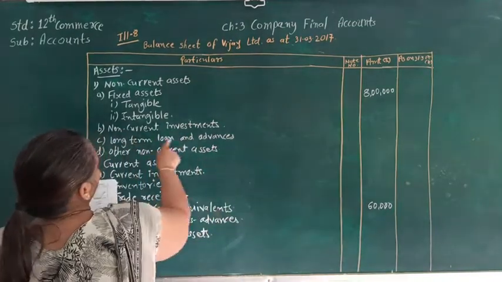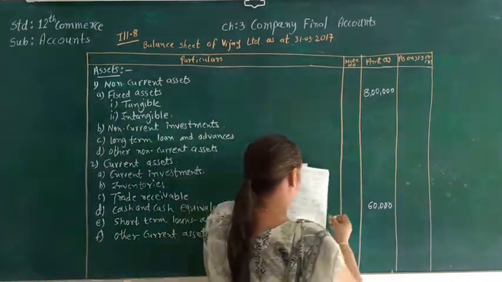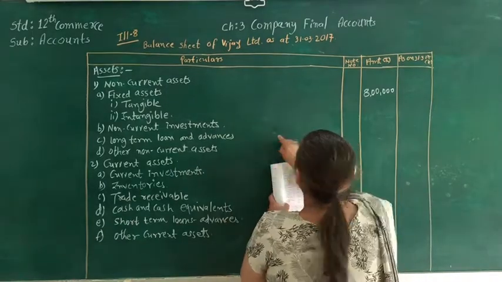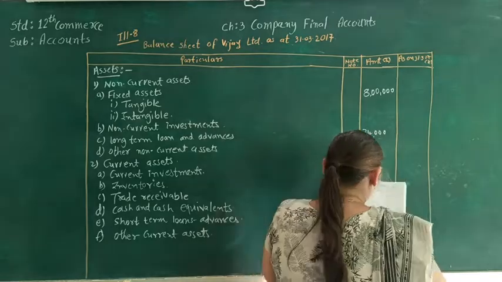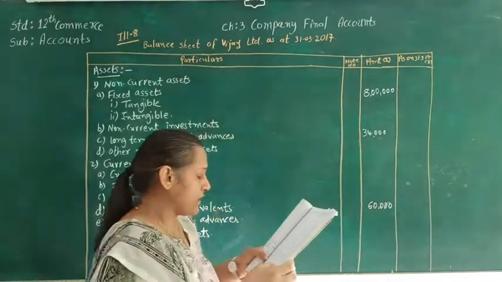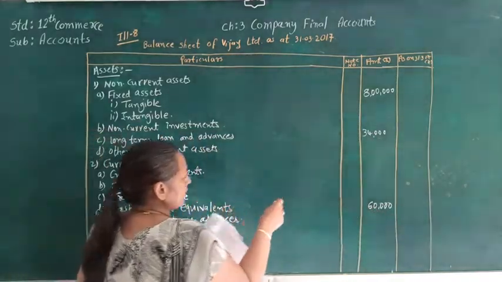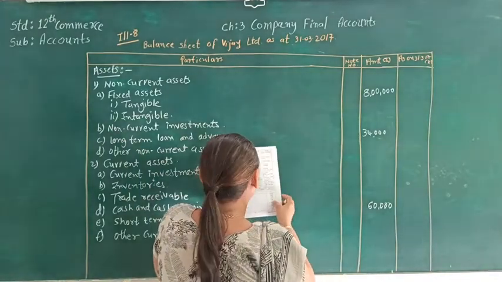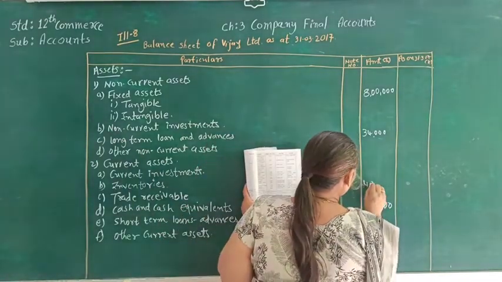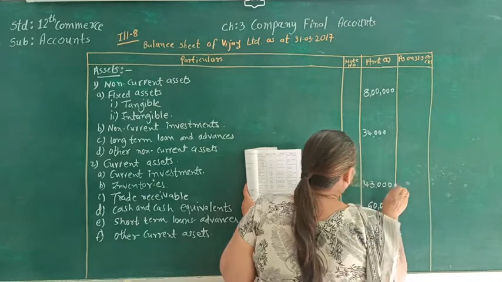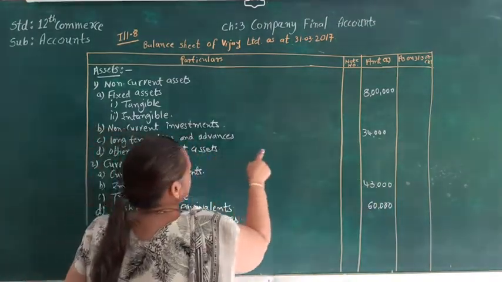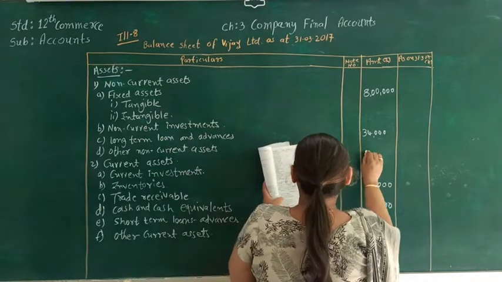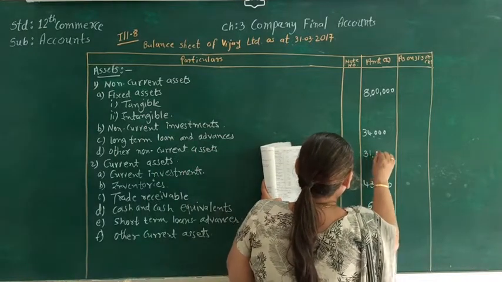That is long-term loan and advances is 34,000. Afterwards, the next one is a inventory, and inventory is 43,000. After that, the next is other non-current asset, and that is 31,000.